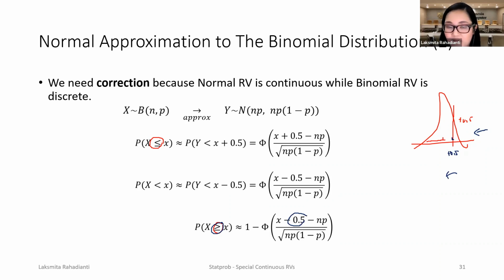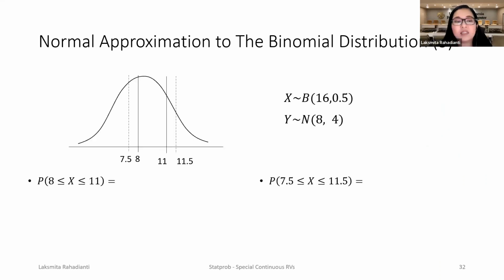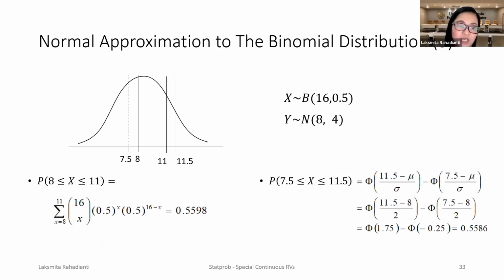correction term as well. As an example here, you can see that if we have a random variable X that is following this binomial distribution, I could approximate it using this normal random variable. So instead of the binomial, I can use the normal. And see here that if I were to compute it, I could compute it using either way.